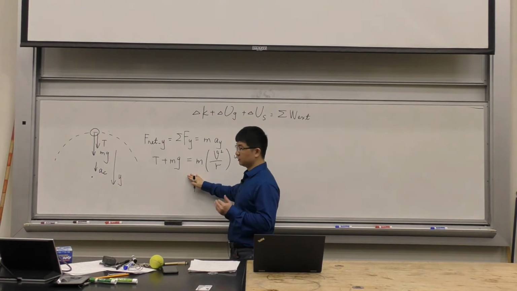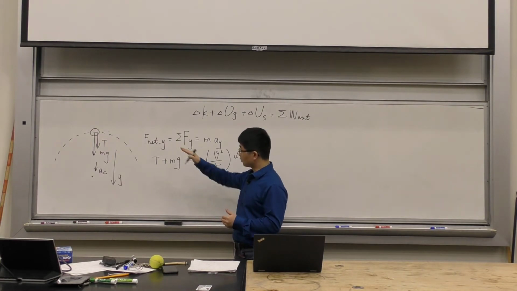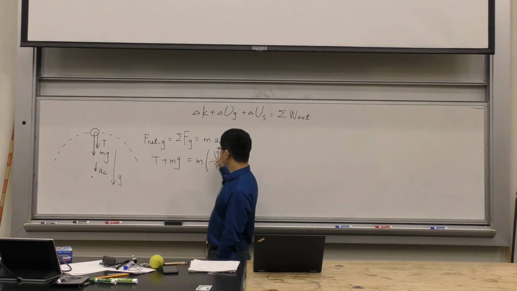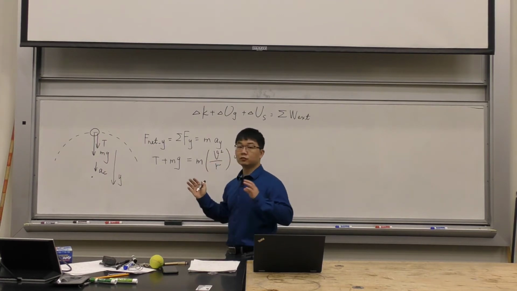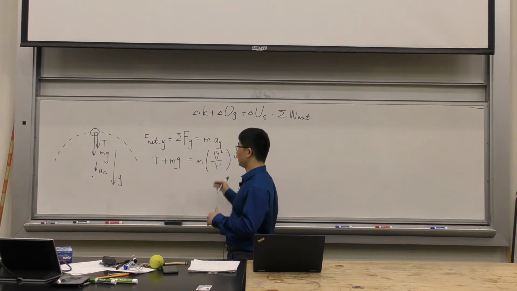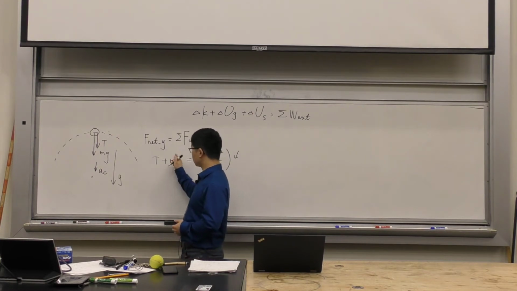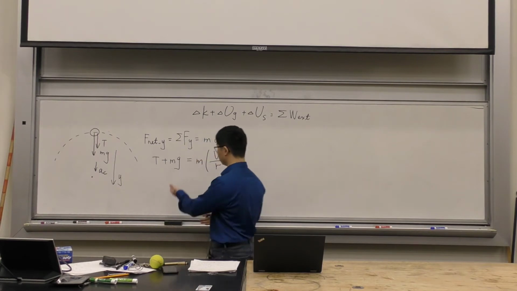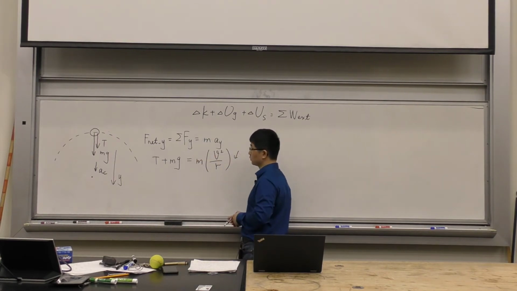But this equation must be satisfied at the top, always, if it's going to make this circle. So the value on the right-hand side, even though you don't know the numbers, is going to get smaller, then the left-hand side must get smaller as well, so that this is still an equation, still true, Newton's second law.